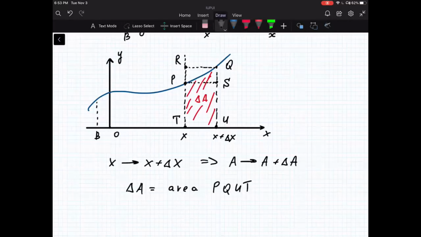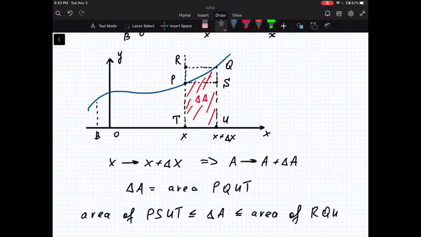One is PSUT, so the area of PSUT is less than the area of PQUT, which is our delta A, but delta A is less than the area of RQUT. And notice that PSUT as well as RQUT is a rectangle.